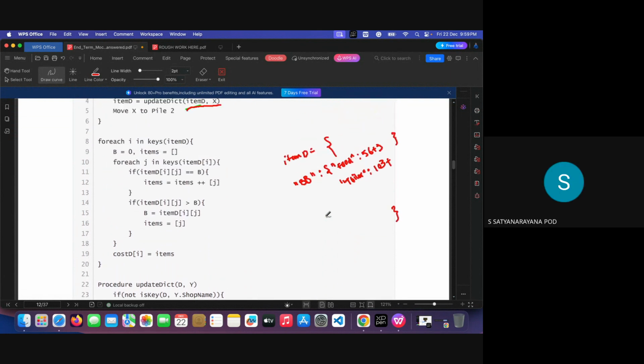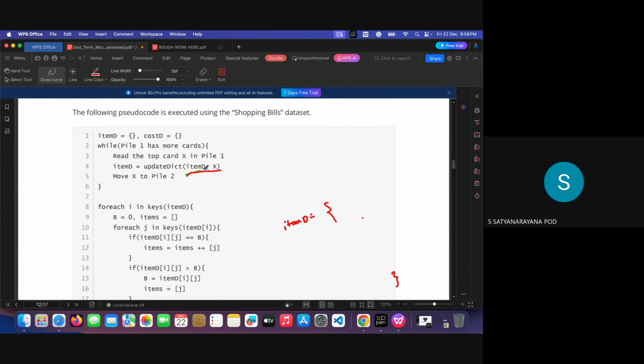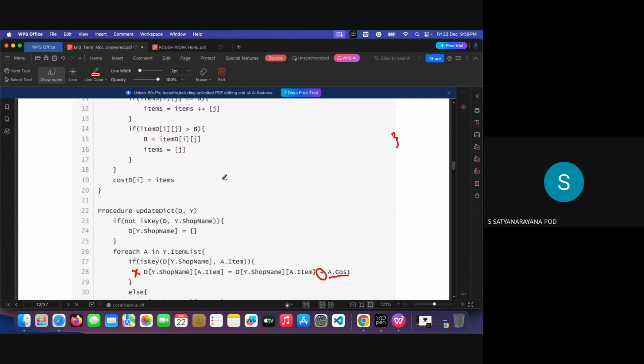Initially, an empty dictionary is taken. With a new shop which you are taking as a parameter, in the card. Maybe the first card you are taking, because every time the card is updated with a new shop name. The first card you have taken is Big Bazaar.